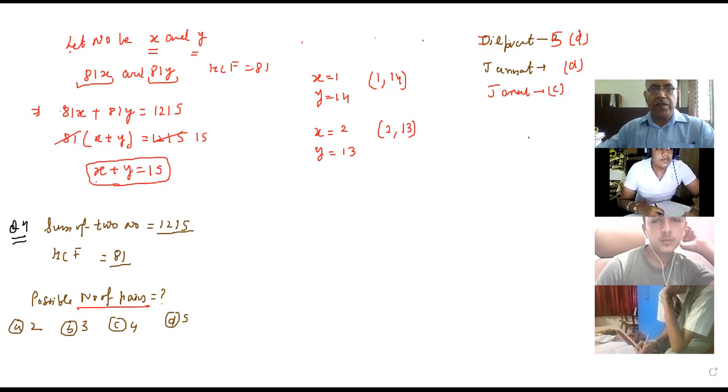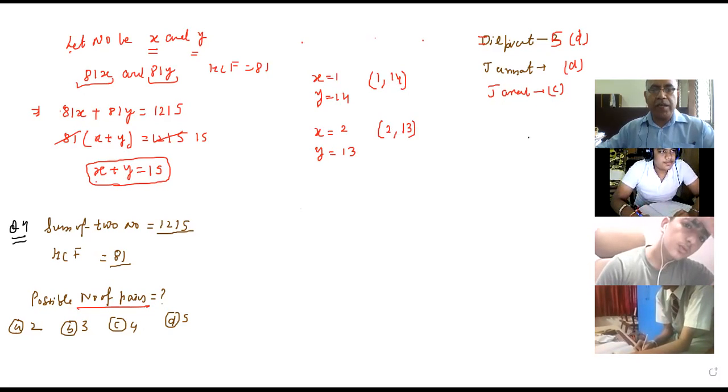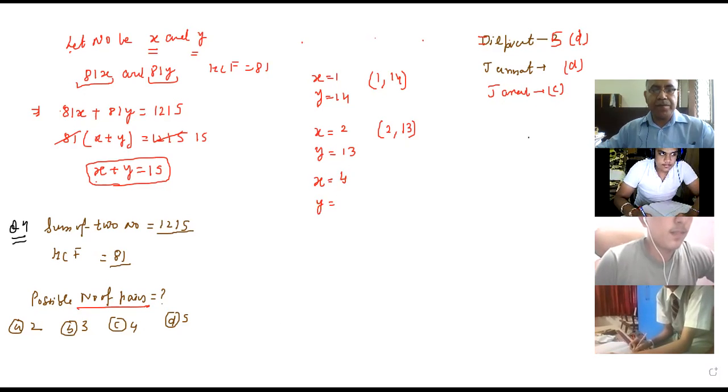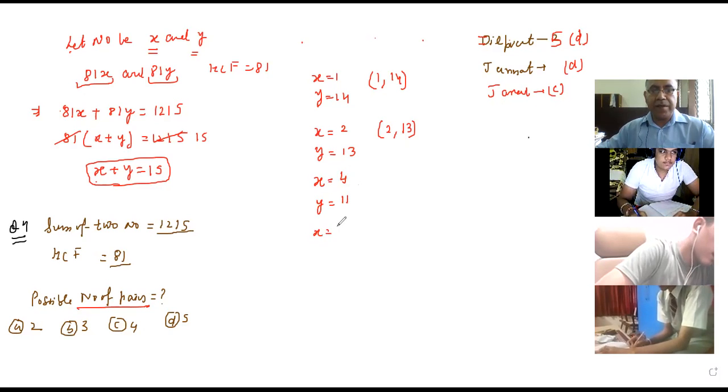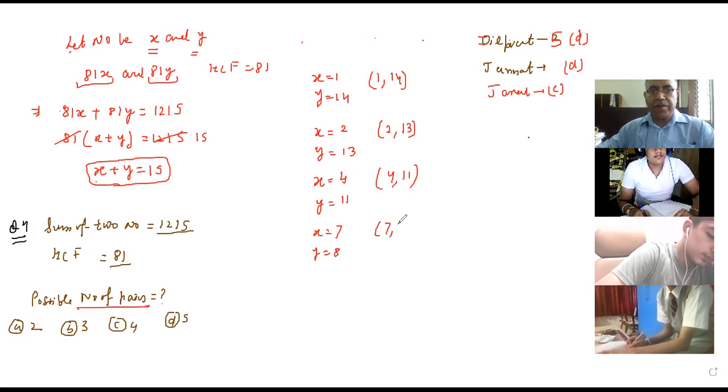Then I will go with if this is 1, 14, then 2, 13, then X can be 4 and Y can be 11. Then X can be 7 and Y can be 8. So this is 4 is to 11. This is 7 is to 8.